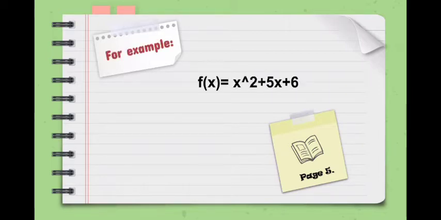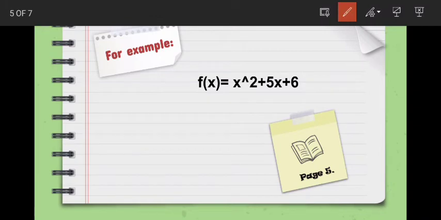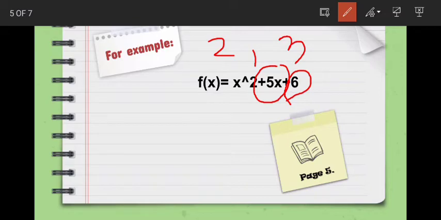We have here f of x equals x squared plus 5x plus 6. So we will be looking for whole numbers that multiply to 6, and when we add them, it will result in 5. So that is 2 and 3. Yes, 2 and 3.